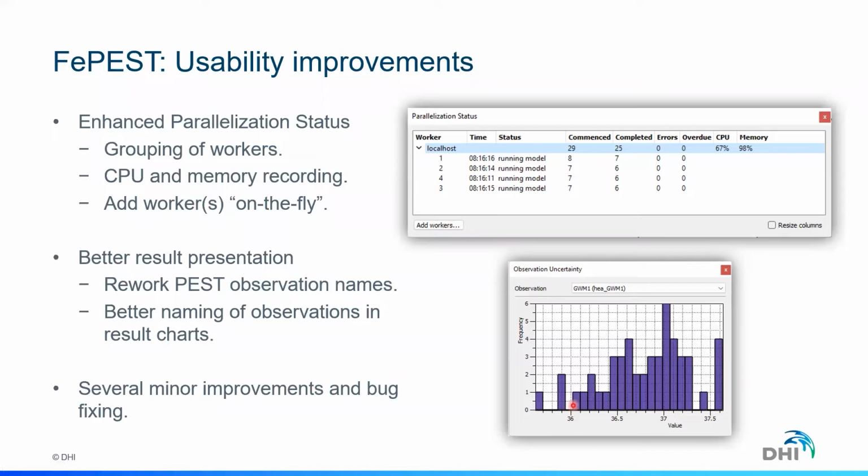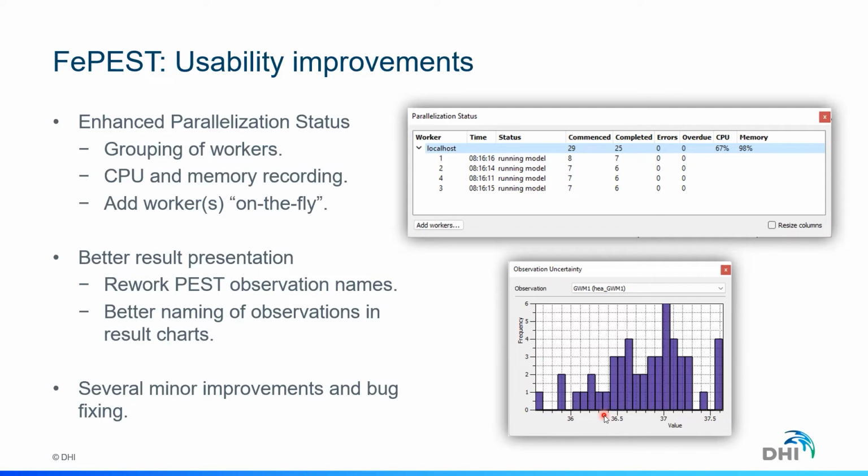Another thing is in terms of charts and visualization in FIPES. As you know, we need to create some names of parameters and observations. Basically here I will be talking about observations. So observation names are required for PEST. The observation names were shortened because there are some rules for how to create these names, and sometimes it was hard for users to make the link between the PEST observation name and the real FEFLOW observation name.